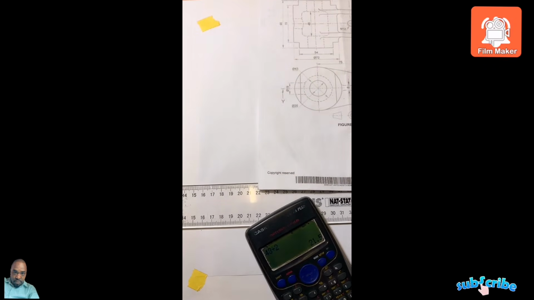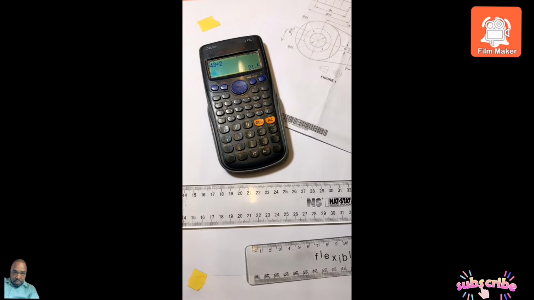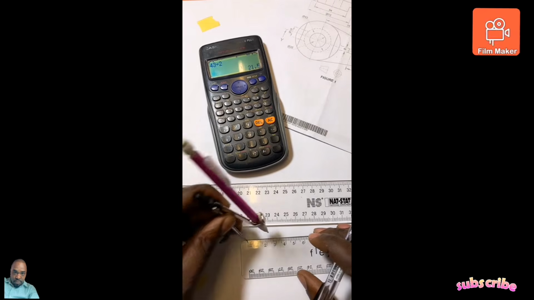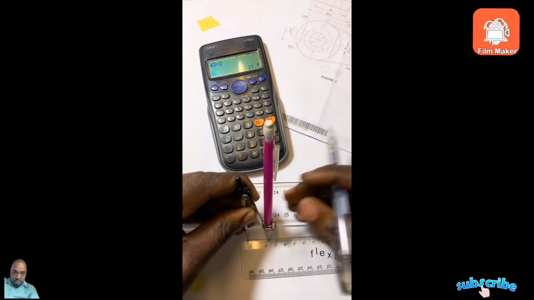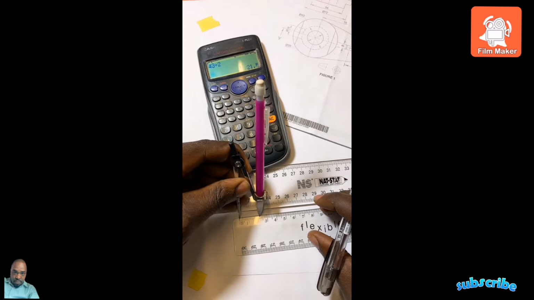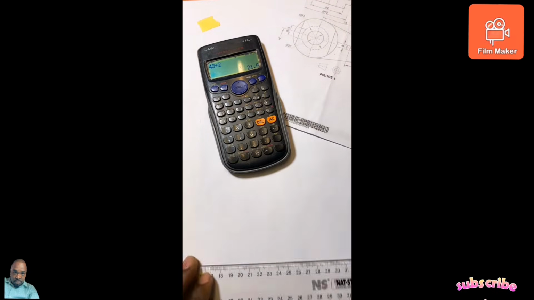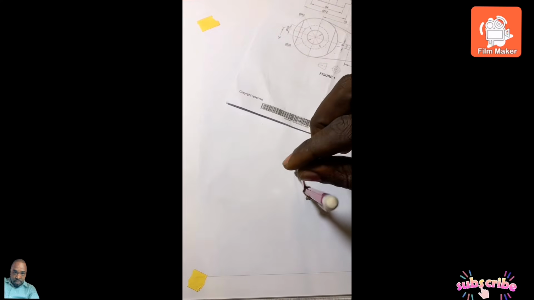I used to think I'm not jumping any step. But then this is 21.5, between 21 and 22. So I'll draw it here.